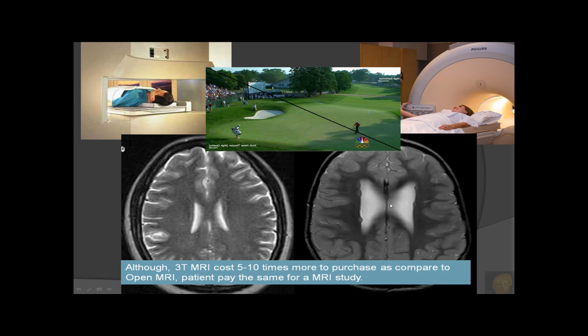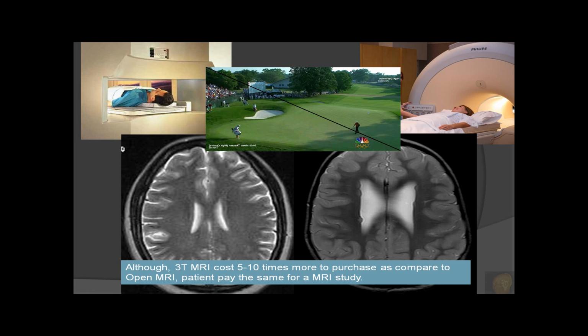An analogy is regular definition TV versus high definition TV. You can see the grass lines clearly on high resolution, and you cannot see them on the regular definition TV.